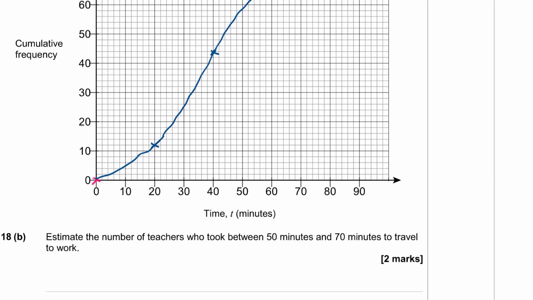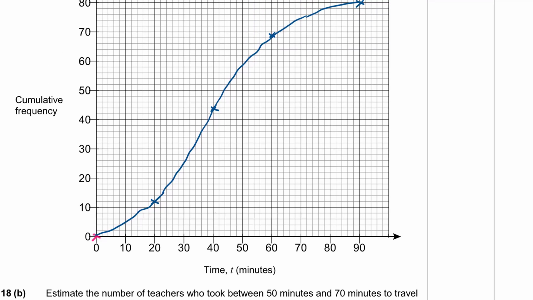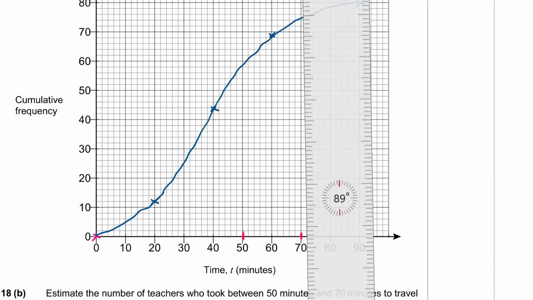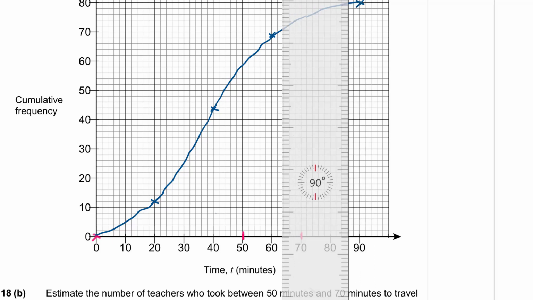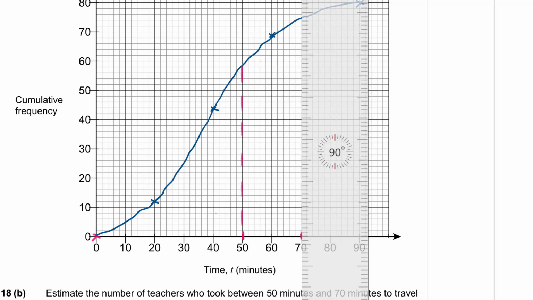Right, and then the next question says, estimate the number of teachers who took between 50 and 70 minutes to travel to work. Okay, so 50 is here and 70 is here. So in order to do that, we're going to have to read up to the graph at 50 and 70 and find out how many teachers that represents.